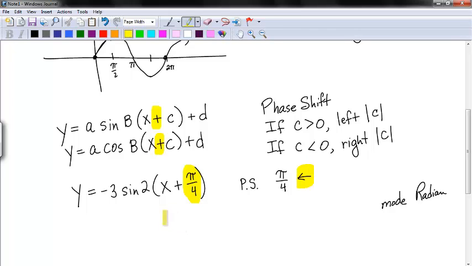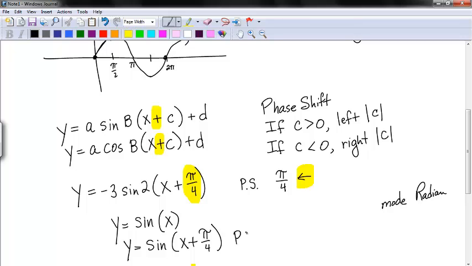So if I go back to just the basic, y equals sine of x, and then if I do y equals sine of x plus pi over 4, it's doing a phase shift, pi over 4 to the left.